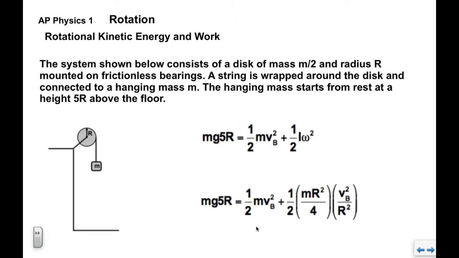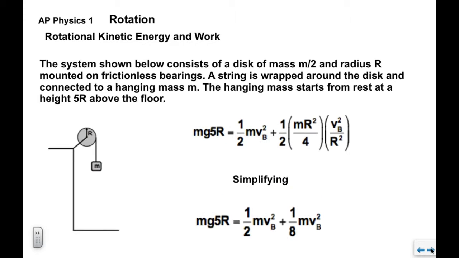We still have the linear kinetic energy term, and now we have, here's the 1/2, here's I, where the rotational inertia is 1/2 mr squared, 1/2 times m over 2 times r squared. And then we have omega squared replaced with v squared over r squared. We're going to simplify that a little bit.